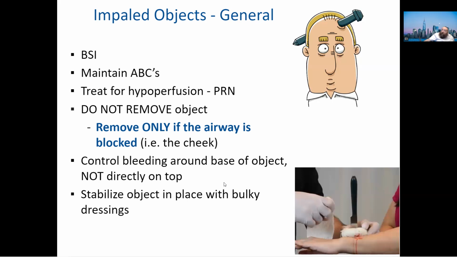But if it's not, so here we have a head, here we have an arm, and we're going to teach you how to, what we call, stabilize. You have to stabilize. We can't have that knife moving around during transport. So we're going to show you how to keep it all together, keep it nice and tight, and stabilize the object. We use some bulky dressings and then some regular roller gauze.